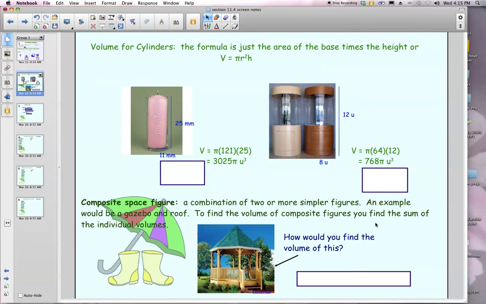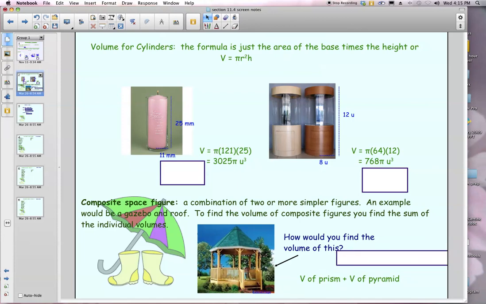So when we find the volume of the entire thing, how much space is inside the entire thing, we would simply take the volume of the prism, add it to the volume of the pyramid, and we would be ready to go. We don't need to alter any formulas for volume like we did for surface area.